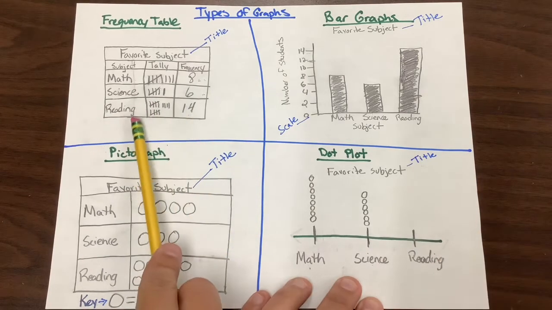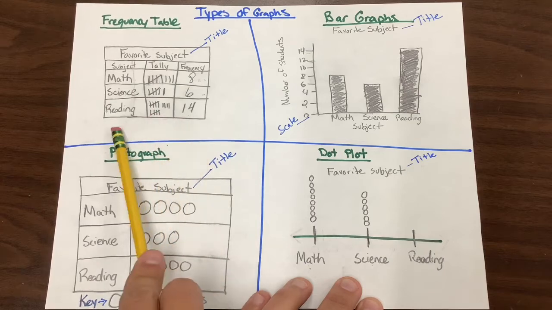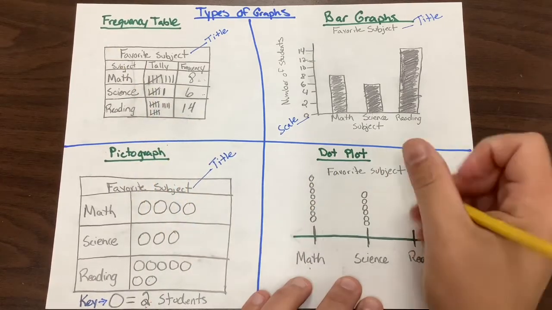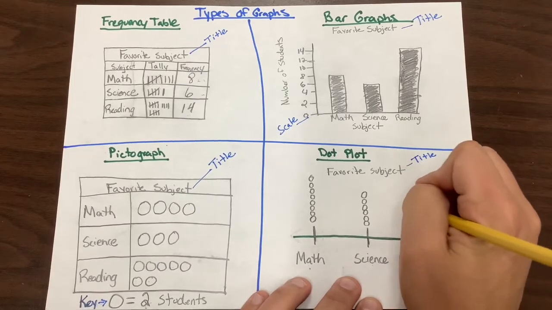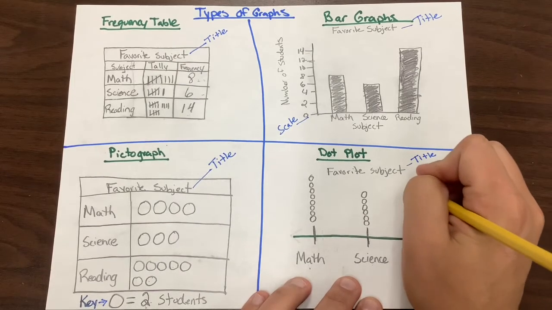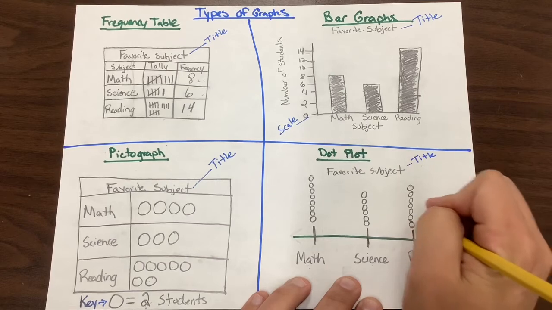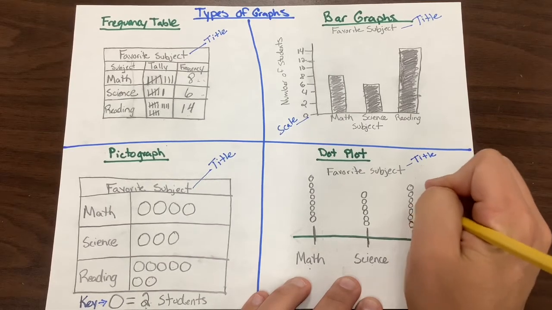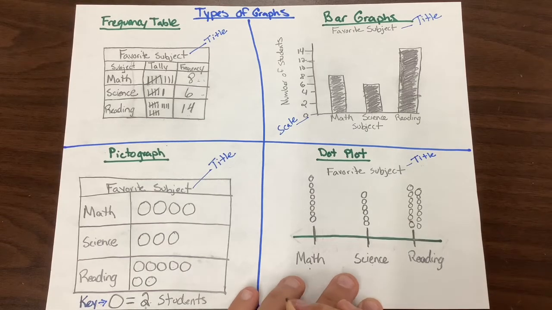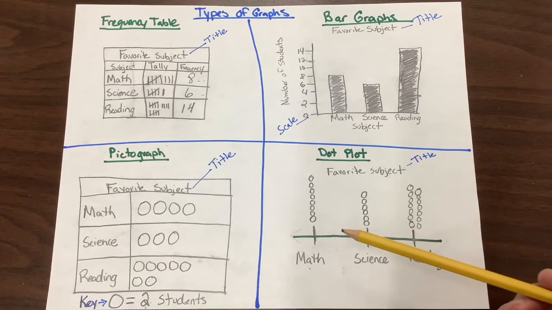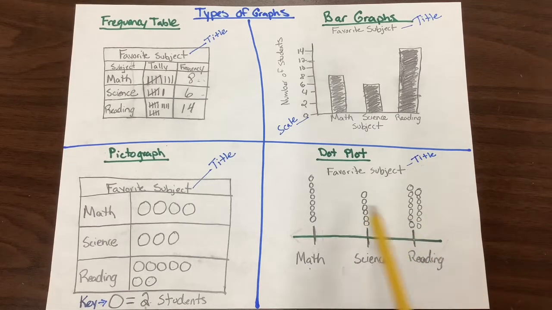How many students chose reading? 14. 1, 2, 3, 4, 5, 6, 7, 8, 9, 10, 11, 12, 13, 14. So this is how you represent the same data, the same information using a dot plot.